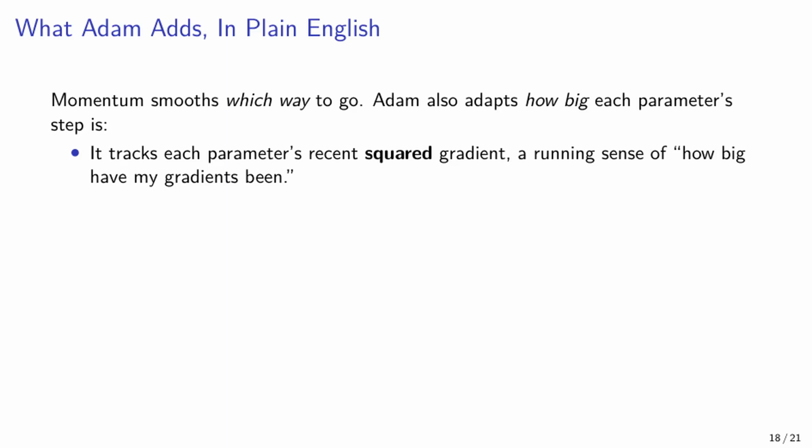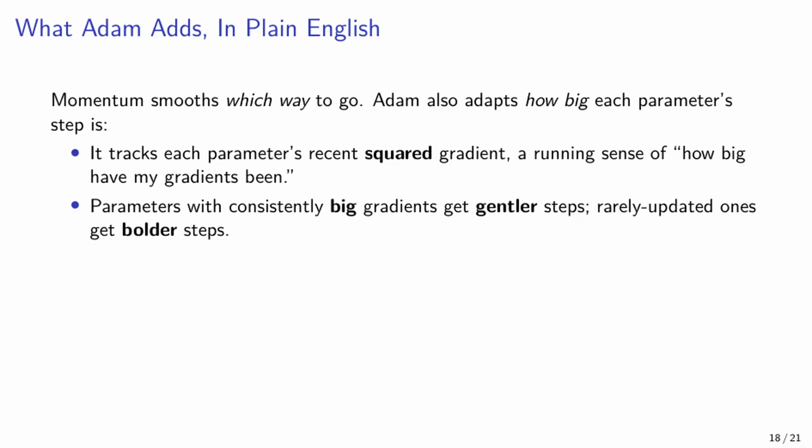Now, what does Adam add? In plain English, momentum smooths which way to go. Adam also adapts how big each parameter's step is. First, it tracks each parameter's recent squared gradient, a running sense of how big that parameter's gradients have been.